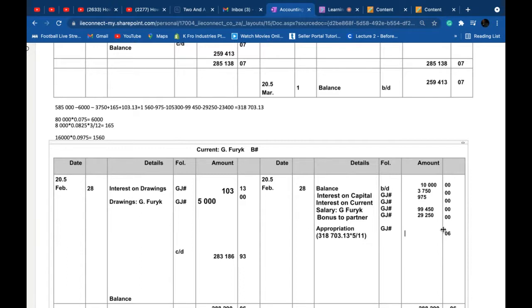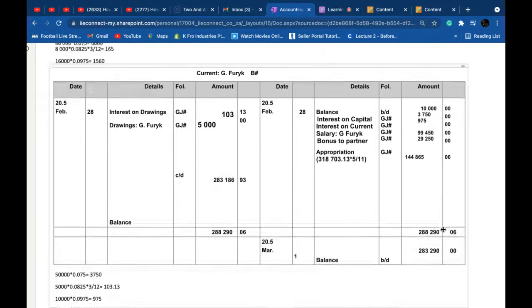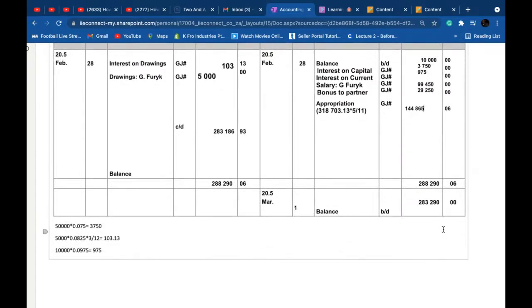How much are we actually giving? 144,865.06. Right. And I've just left in the balances over there for you. Not rocket science, right? It's not too bad, huh?